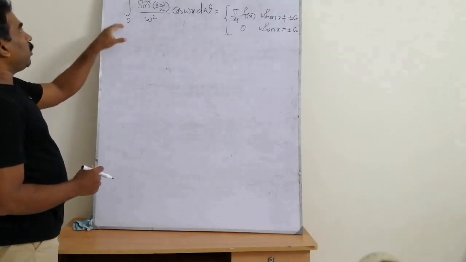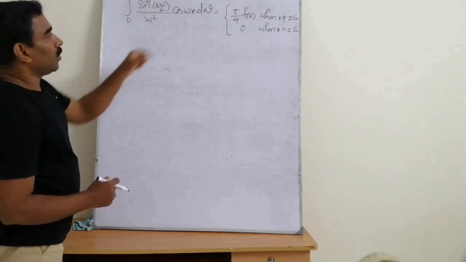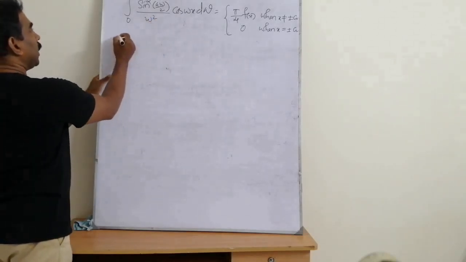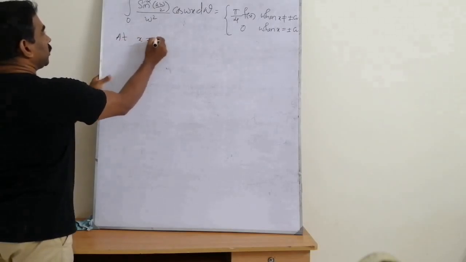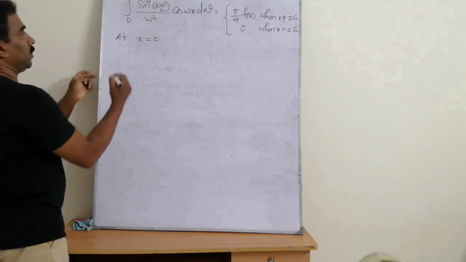Now in order to show the value of the integral 0 to infinity sin square x by x square dx, we have to evaluate the function at x equal to 0. See, this x equal to 0 is a continuity point of the given function f(x).